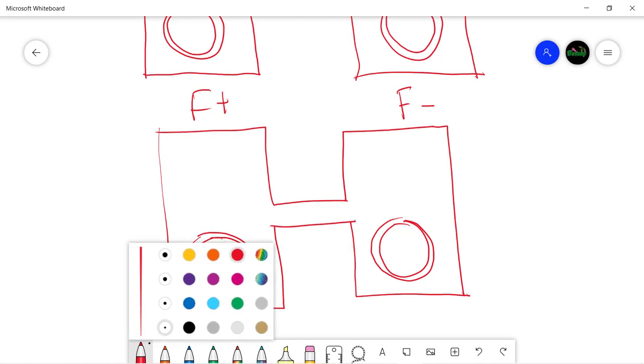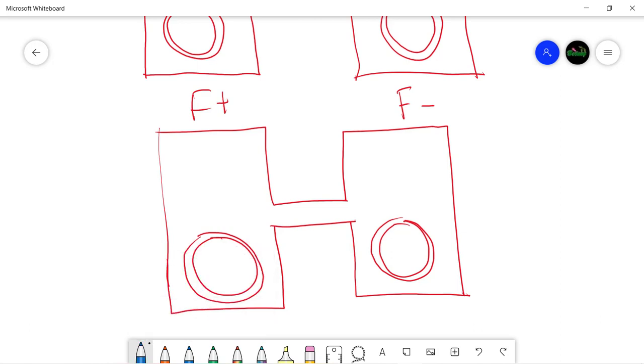So let's draw that. So this is the F factor and one of its strands gets transferred, and as it enters the recipient cell, the synthesis of a new strand begins.